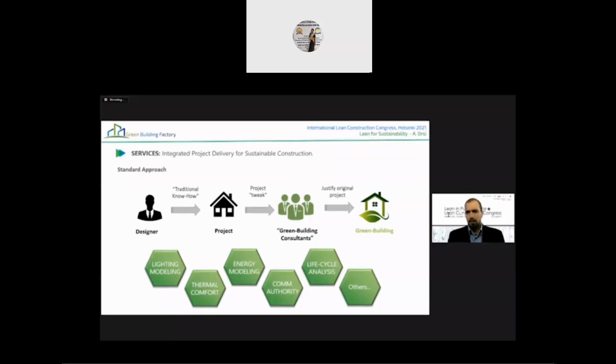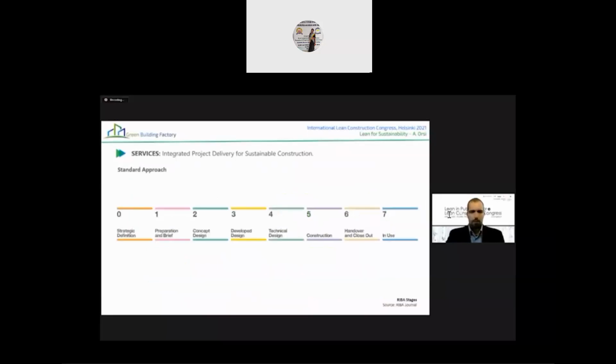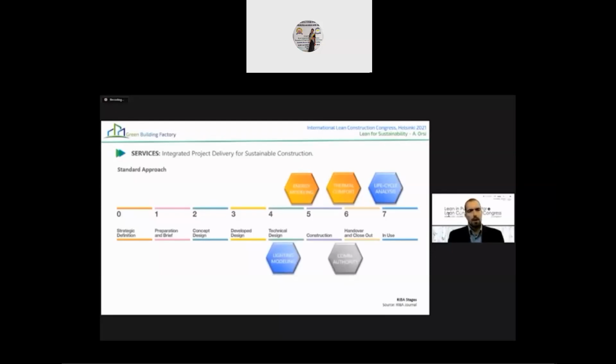The problem is that throughout the project development process, that I summarized using the REBA stages, from the initial idea to the concept design, technical design, construction, and use, these services are called in at very punctual times, and they are generally provided by different suppliers.